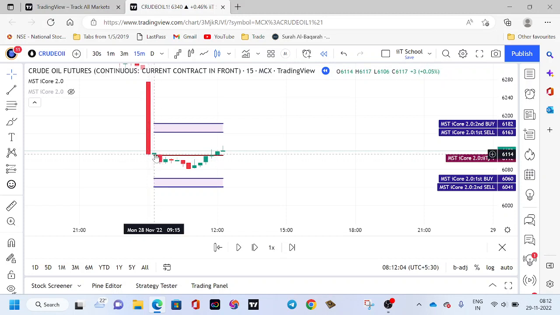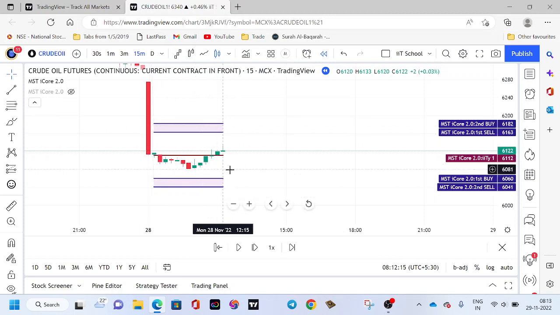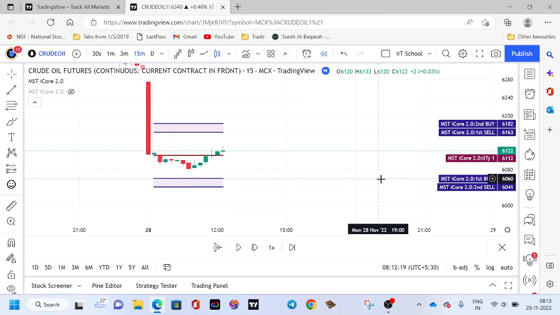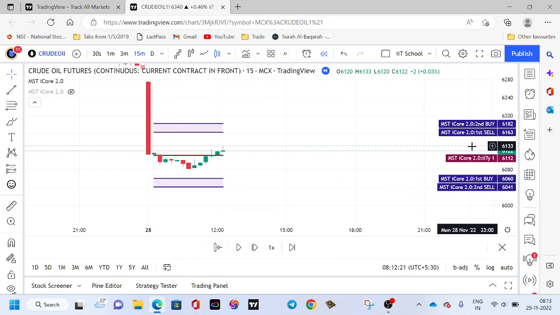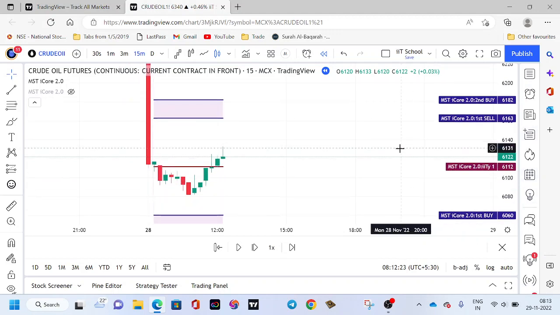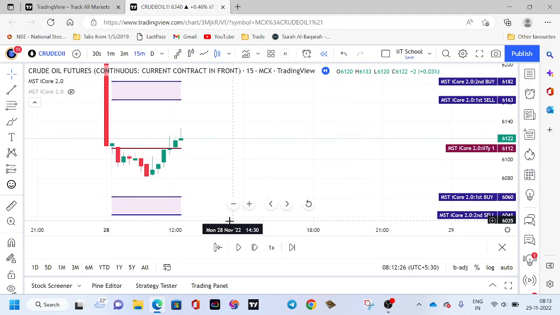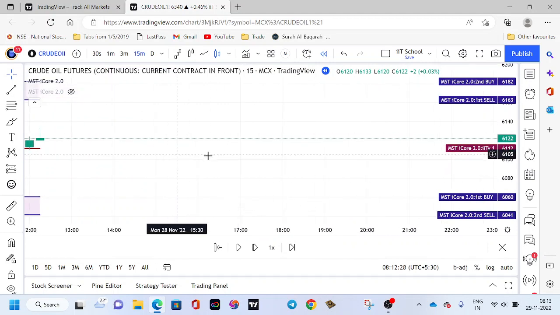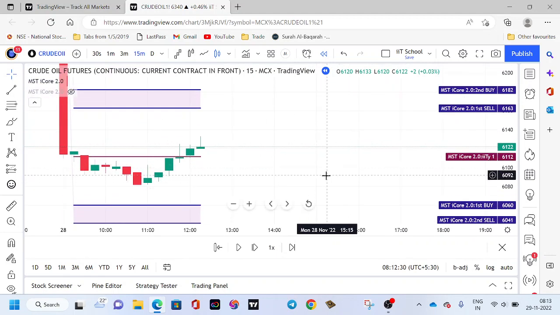We have to wait for the market to close this level, if you want to trade based on price action. Otherwise, based on our tool, we have to wait for the entry. Our first buy entry will be at 6060 and our first sell entry will be at 6163. Whichever side it comes first, only that side we have to trade. We have to be patient till that time.